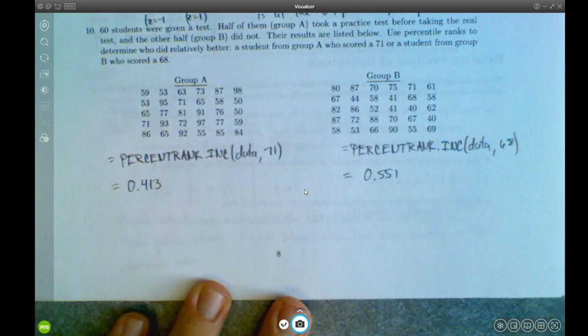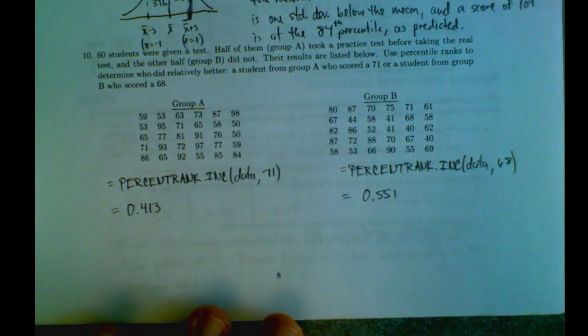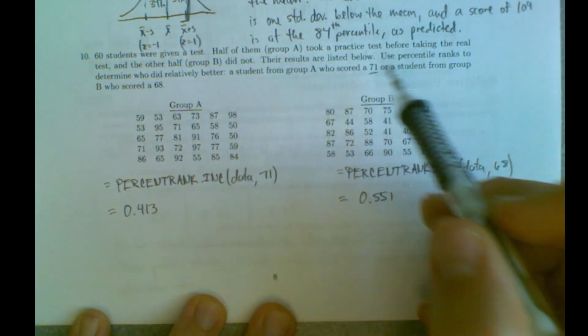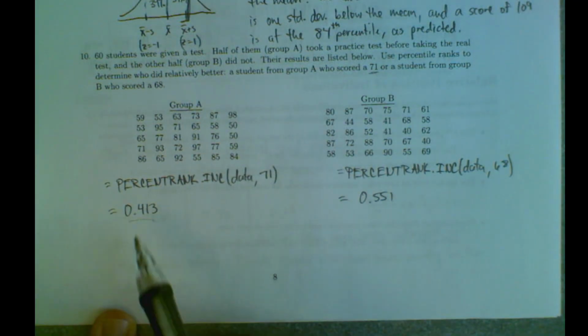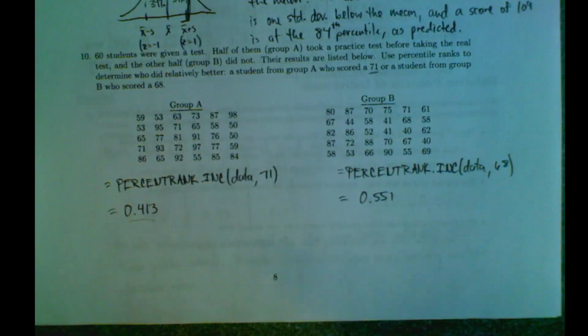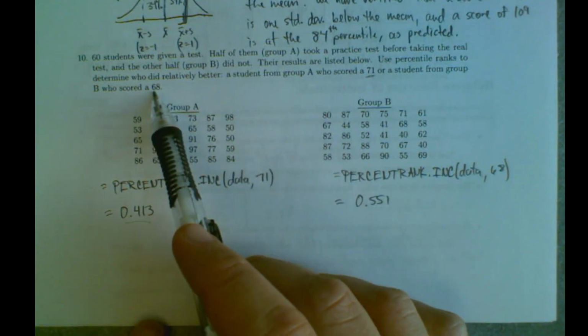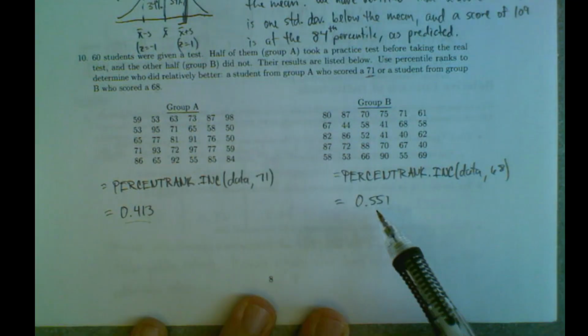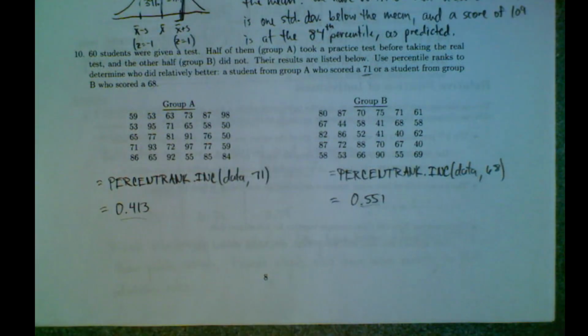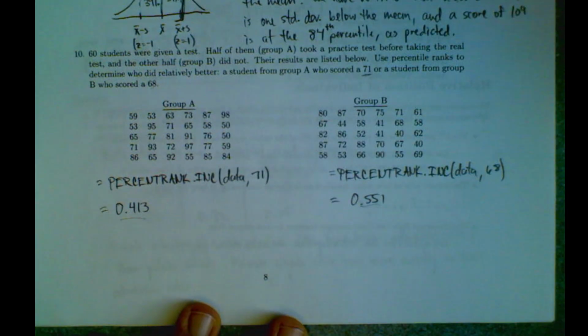So in other words, the group A student who scored a 71 is at the 41st percentile among group A students, and this student who scored a 68 is in the 55th percentile among group B students. So they did better, relatively speaking.